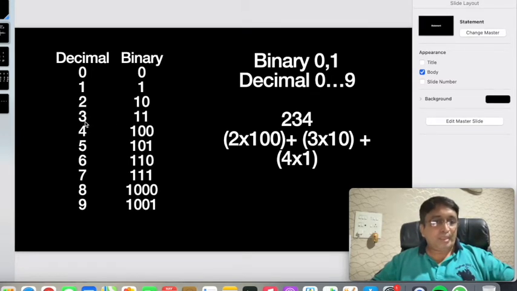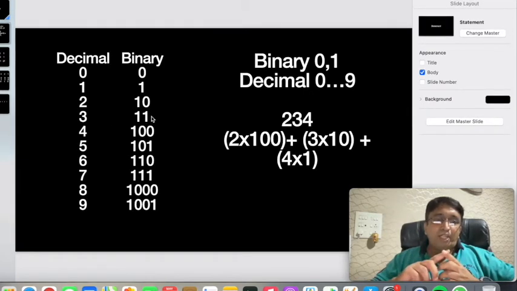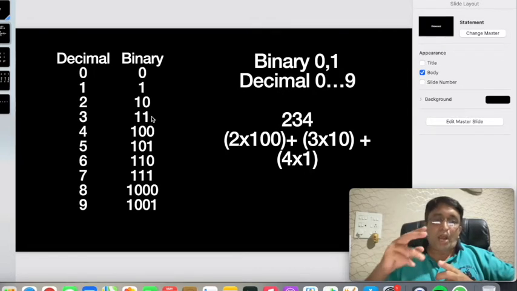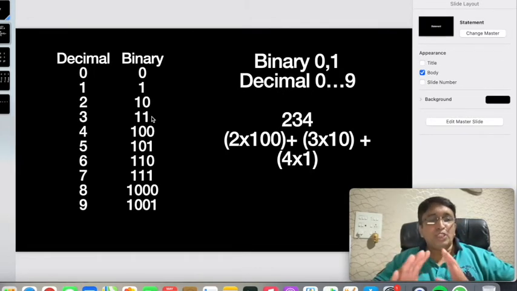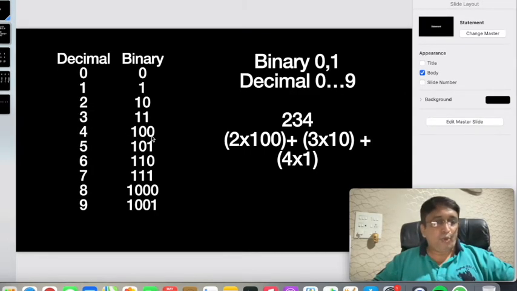Now when you say decimal number 3, for binary, the next number made by 1 and 0 is going to be 11. For decimal 4, after 11, check it out, we don't have anything in between which is made by 1 and 0. So 12, 13, 14, 15, up to 99, we don't have anything made by 1 and 0 combination. Directly what we have is 100.